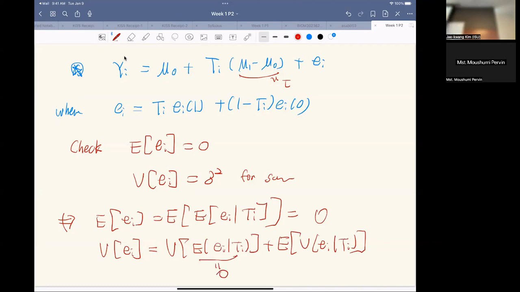So you can show that the expectation of ei is 0. And the variance of ei is the expectation of the conditional variance plus the variance of the conditional expectation. Conditional on ti, the ei1 and ei0 have 0 expectation, so the second part is 0, and the first part should be a constant. So this is indeed p times sigma 1 square plus 1 minus p times sigma 0 square, where p is the expectation of t.